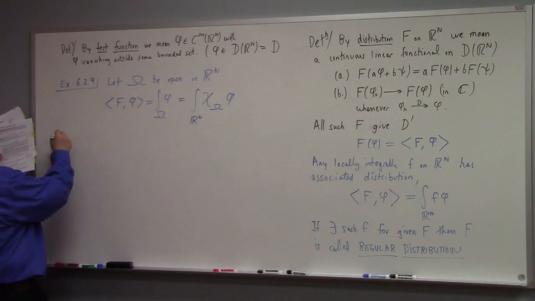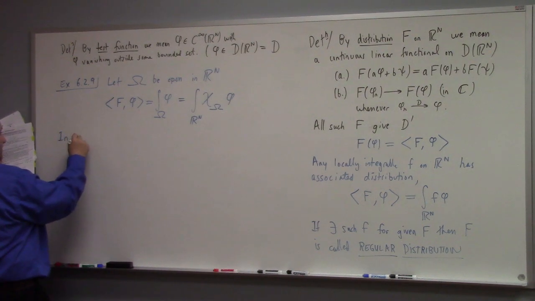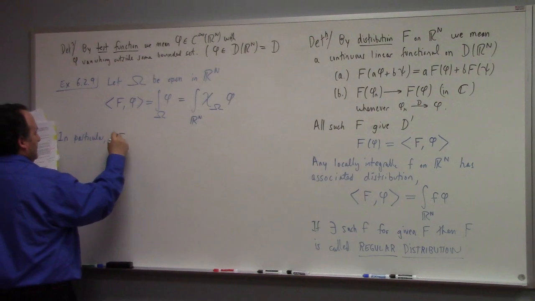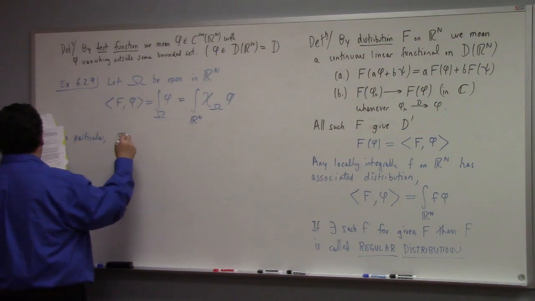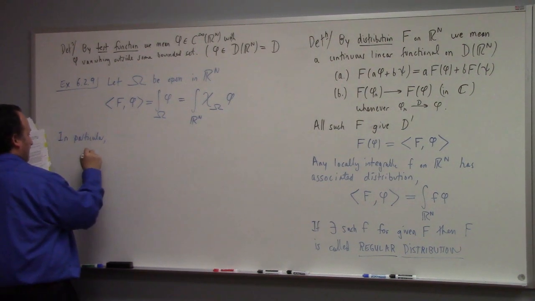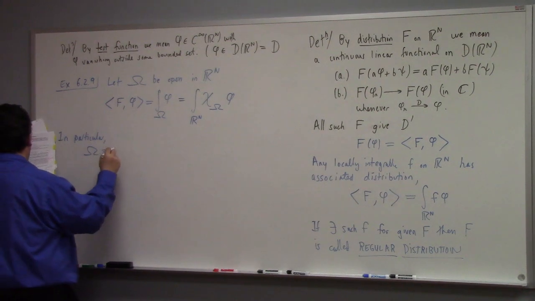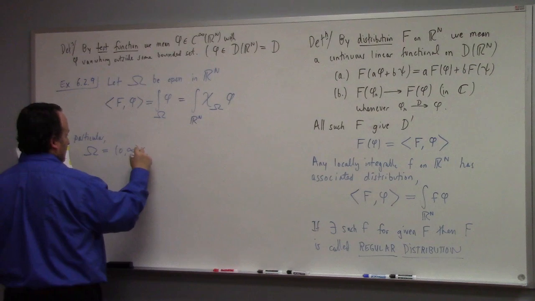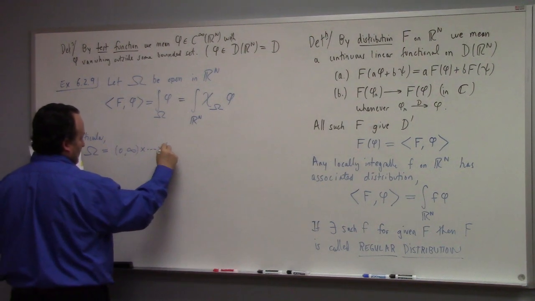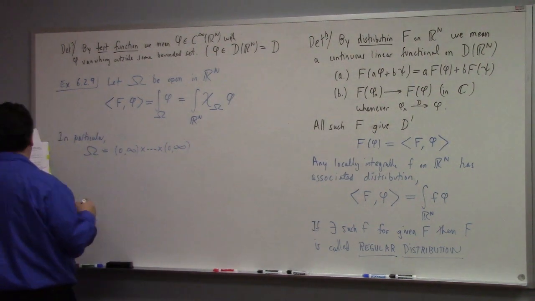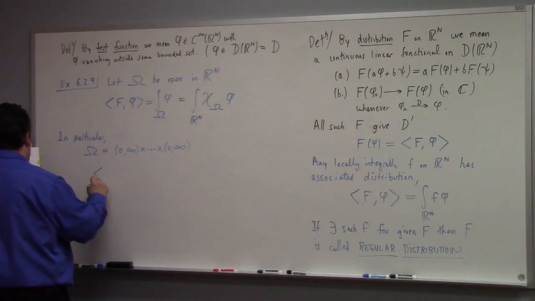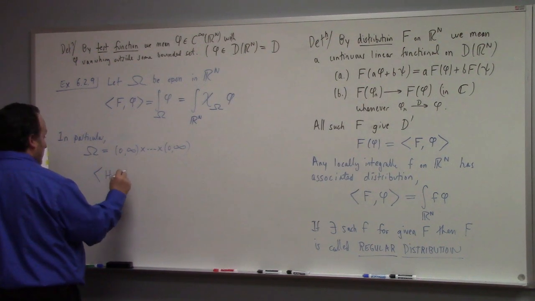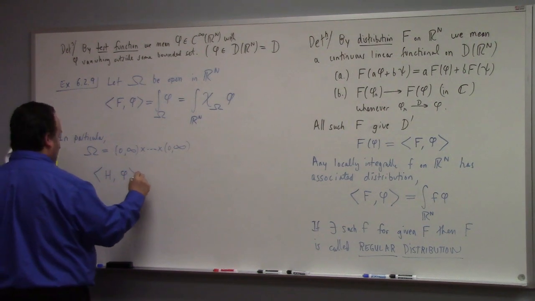And in particular, if you look at omega equal to the open ray from 0 to infinity, Cartesian product with itself n-fold times, then this gives you the so-called Heaviside function, which is, I guess, actually a distribution, right?